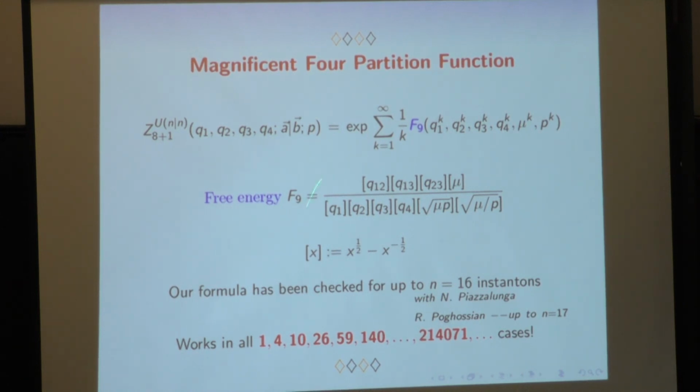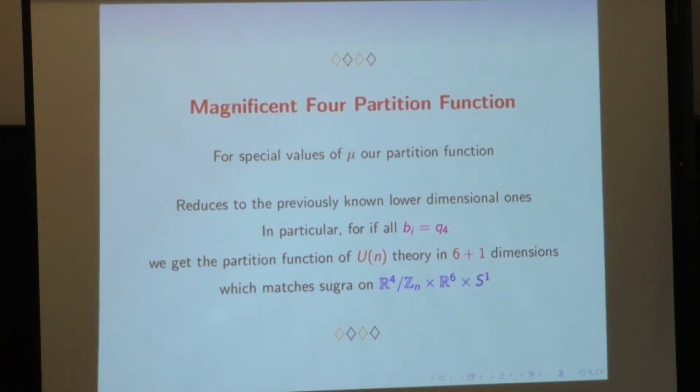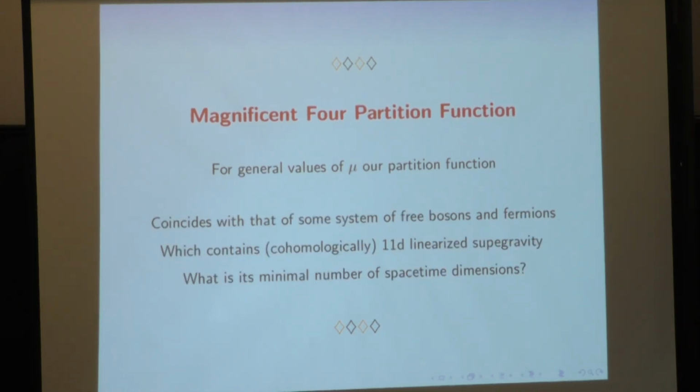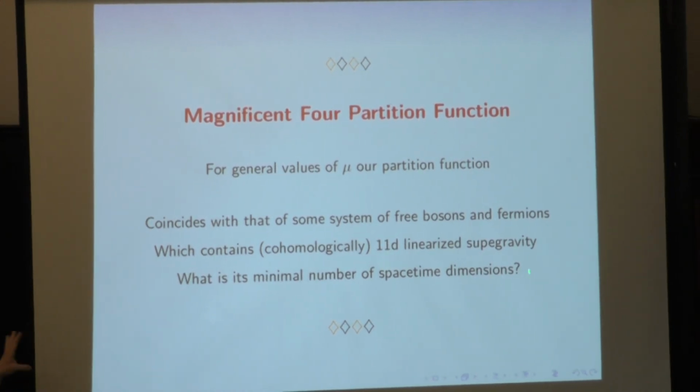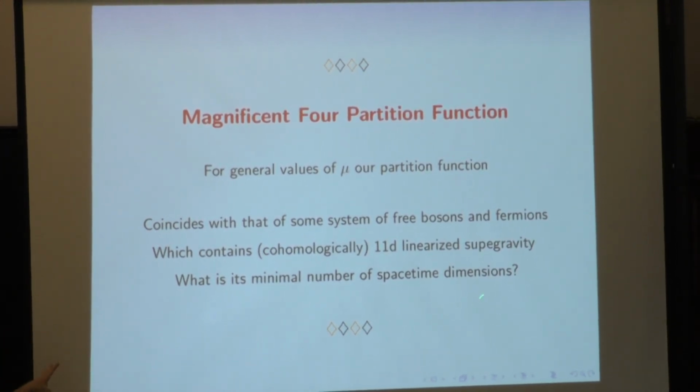And the growth of my formula is that of the three-dimensional McMahon formula, not that of the four-dimensional McMahon formula. So it's less. You try to take q to 0. Yes. Okay. So it passes all the tests, and the question is, what's the theory beyond 11 dimensions whose partition function is given by this free energy?